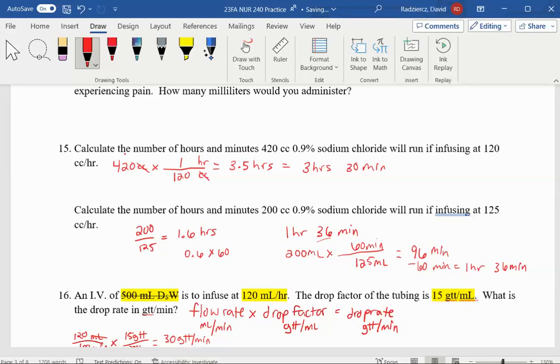The only challenge with that is if you do that for something like 4, 5, 6 hours, then you have a big minute situation. So if you take the decimal times 60, all I did here was 0.6 hours times 60 minutes per hour. I just did a conversion.